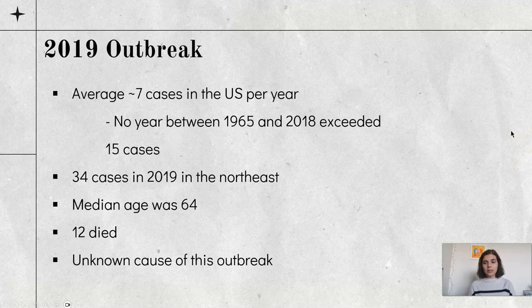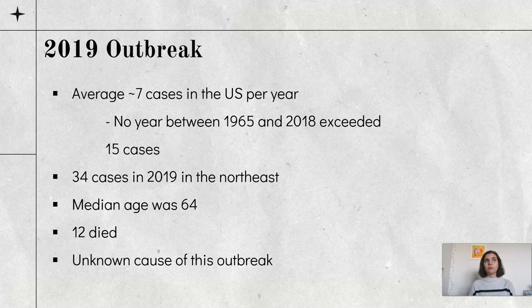So in 2019, there was an outbreak of EEE. The US generally averages about 7 cases per year, and there was no year between 1965 and 2018 that exceeded 15 cases. However, in 2019, there were 34 cases in the Northeast US. The median age of individuals infected was about 64, and 12 individuals did die.